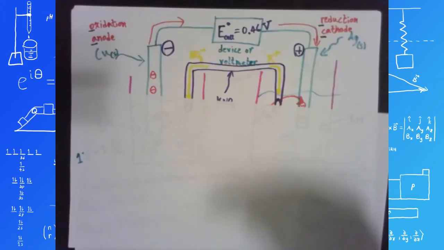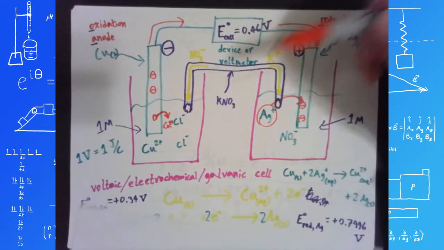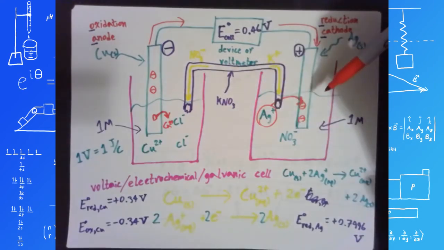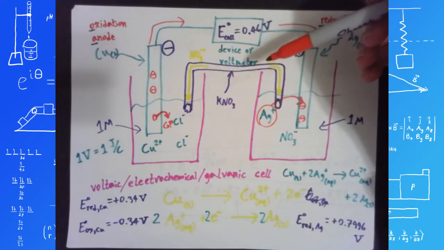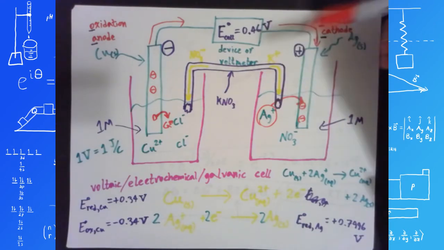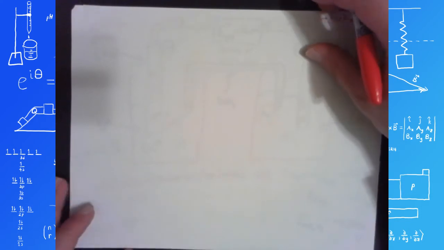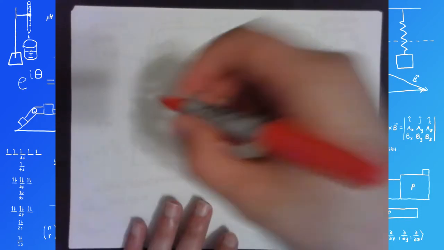Earlier we calculated that the standard cell potential for a silver and copper 2 ion galvanic cell is going to be 0.46 volts, 0.46 joules per coulomb.